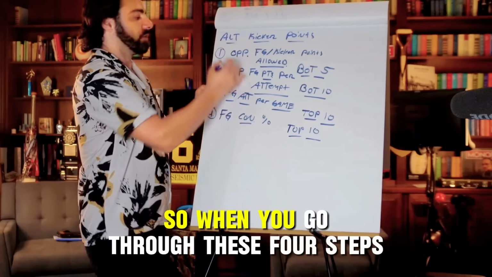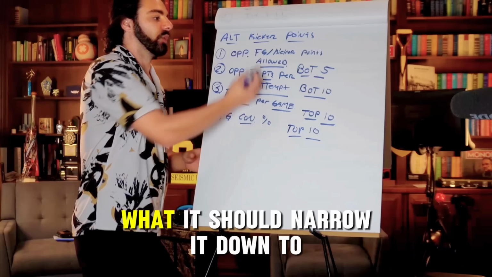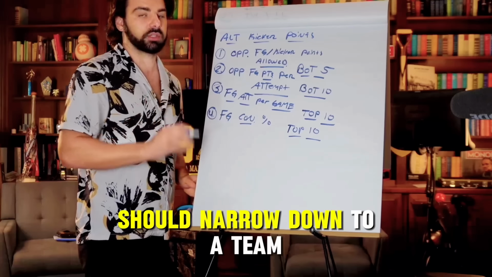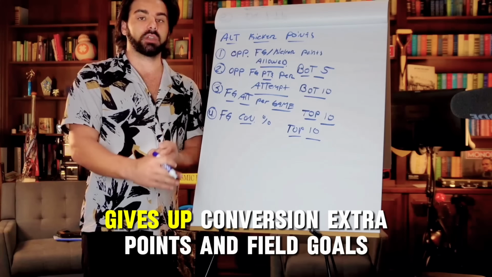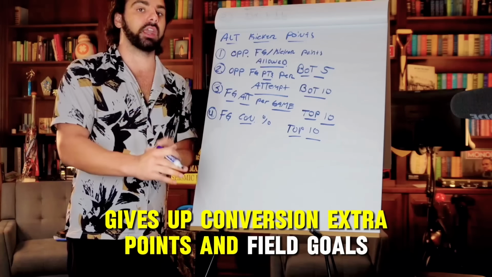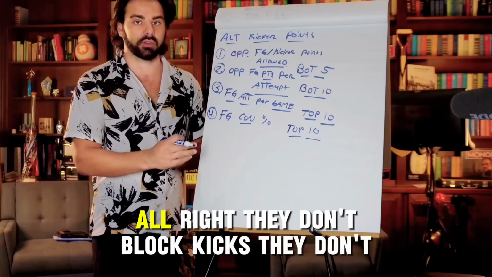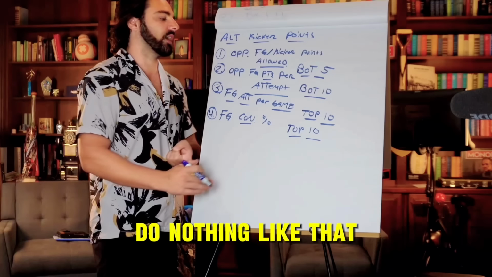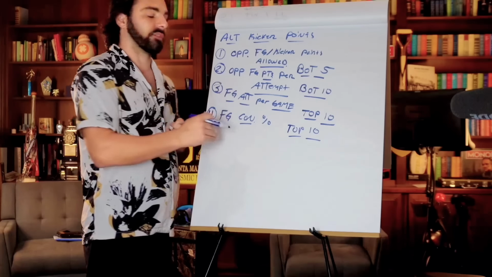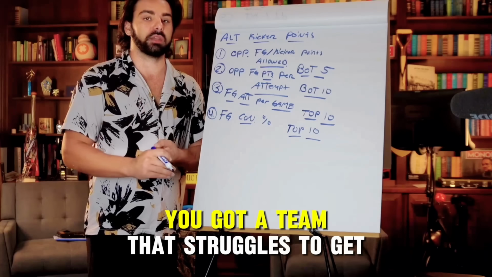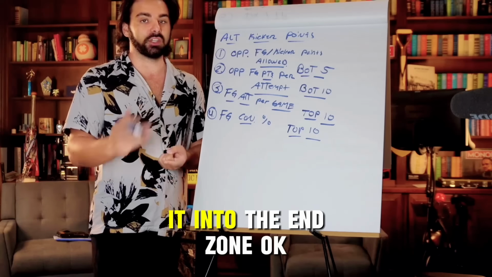When you go through these 4 steps, it should narrow it down to a team that on the defensive end for special teams gives up extra points and field goals at a high rate. They don't block kicks, and they allow a decent amount of field goals to be had. Offensively, you've got a team that struggles to get it into the end zone.